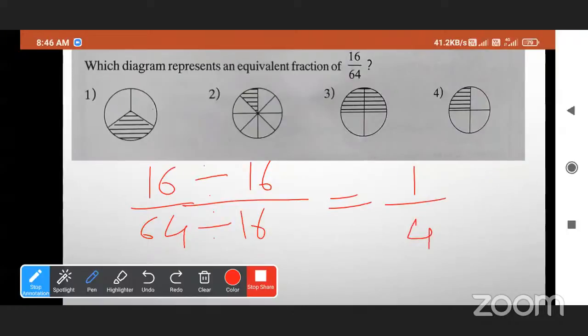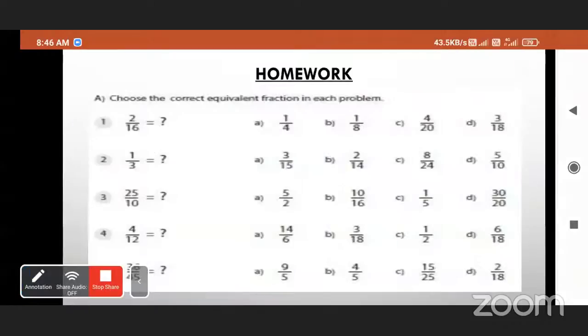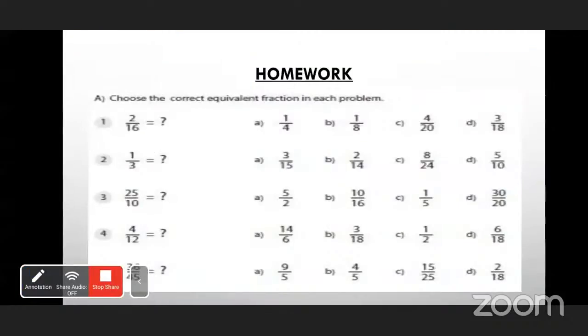So which diagram is correct or equivalent to the given fraction? Yes, the fourth one. Very good. The fourth one is the right option for the given fraction. Okay, this is your homework.